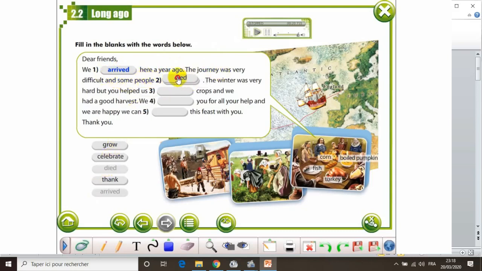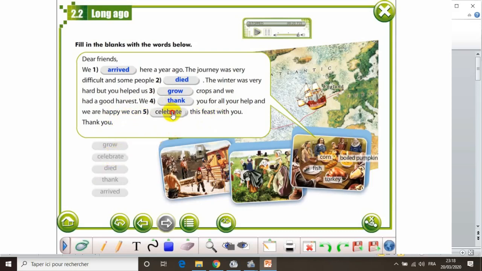The winter was very hard, but you helped us. Okay. Number 3. Grow crops and we had a good harvest. We thank you for all your help, and we are happy we can celebrate this feast with you.